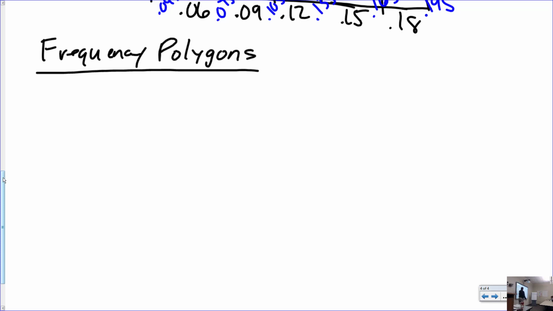So normally if you're done looking at bar charts, which we are now done, instead of using a bar chart, you may decide to use a line chart or a line graph. So a polygon frequency diagram is going to be a line chart, okay?